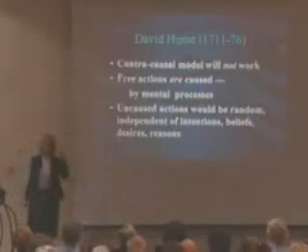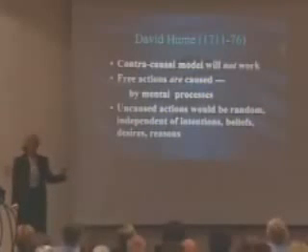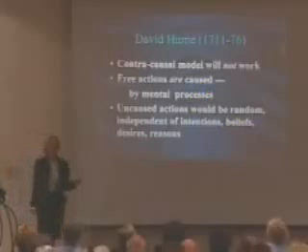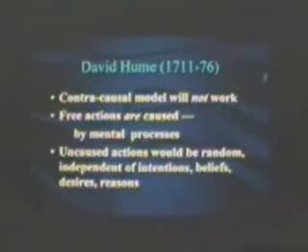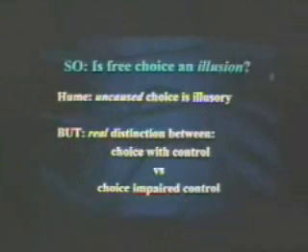So Hume made the really deep point, which I don't know if there are any results in philosophy, but if there are, I think this counts as a result, that a contra-causal model of choice and decision-making, quite apart from the brain, even if you thought there was a non-physical soul, the non-physical soul would still have to be a causal thing in order for you to have responsible choice.